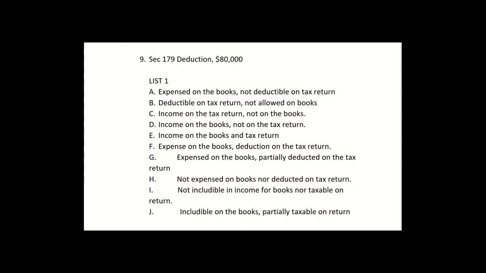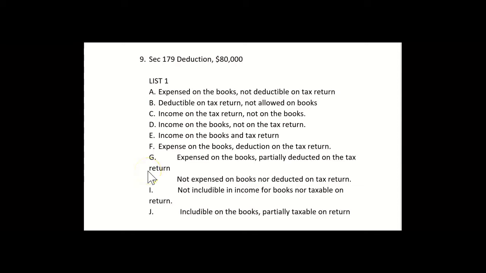Well, they start you with book income, and then they tell you that there's a section 179 deduction of $80,000. Was that $80,000 subtracted on the books? And the answer is no, because section 179 is only a tax deduction. So whatever book income is doesn't really matter. There was no expense taken for $80,000, because section 179 is a depreciation deduction which gives you an immediate expense for the total amount spent for your asset.